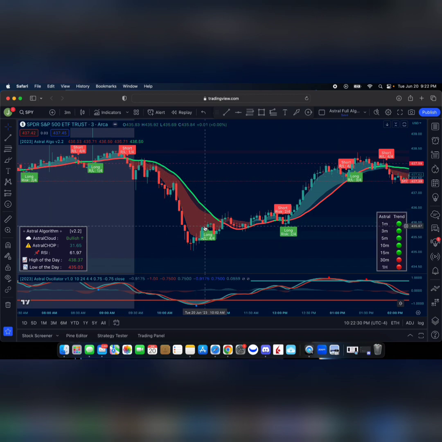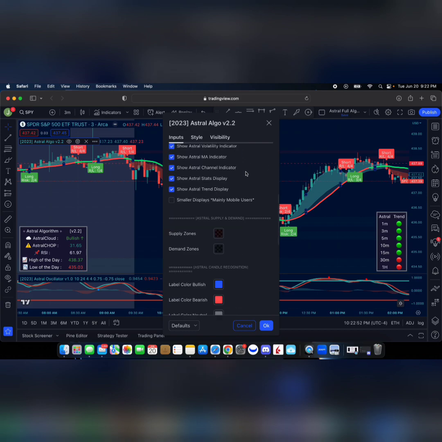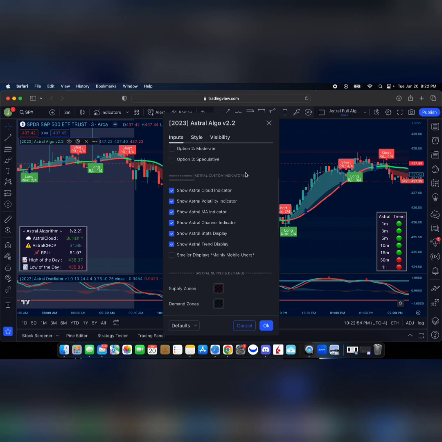Canton made it super simple for any new traders, any experienced traders to even play and use this. If you go play with the settings, you go to the Astral Algo and click on this gear icon. It shows you all the good settings you have, whatever fits your style.